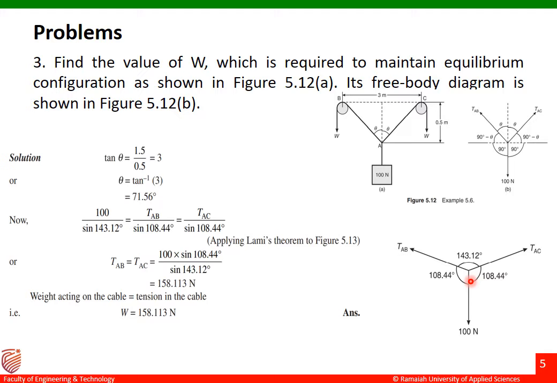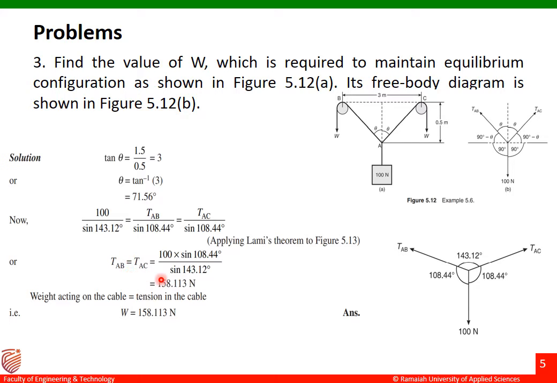Now let us find out TAB and TAC, which is equal to W, as I told earlier. TAB is equal to 100 divided by sine 143.12 degrees into sine 108.44 degrees. Once you calculate this, you get 158.113 Newton.